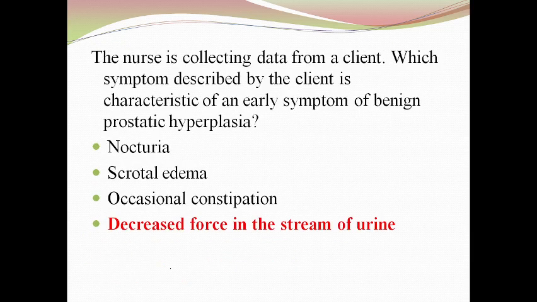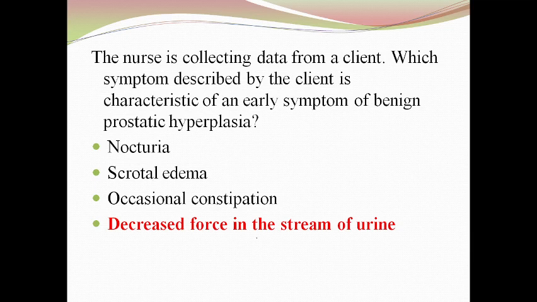The nurse is collecting data from a client. Which symptom described by the client is characteristic of an early symptom of benign prostatic hyperplasia? Nocturia, scrotal edema, occasional constipation, or a decreased force in the stream of urine. This is the answer.